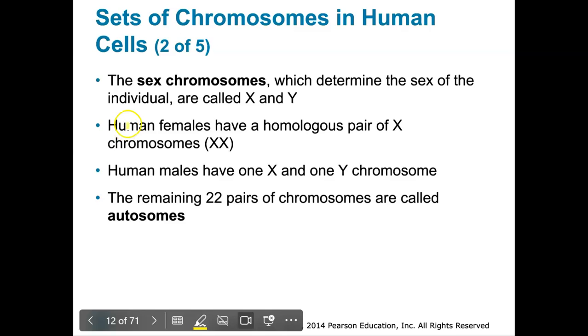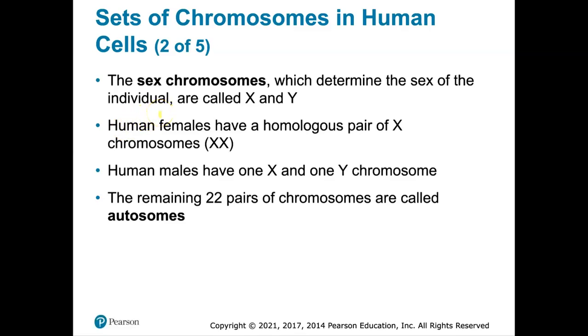And like I just said, there are 22 pairs of chromosomes called autosomes. And they don't have anything to do with determining the biological sex of the baby. But then the 23rd pair are the sex chromosomes.